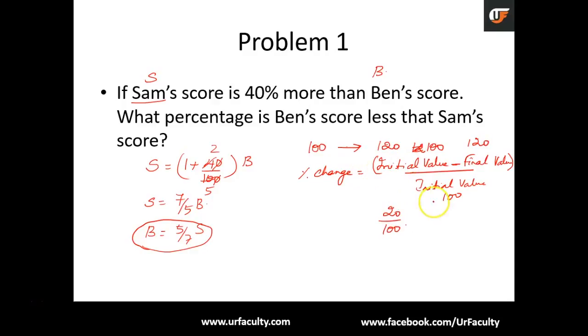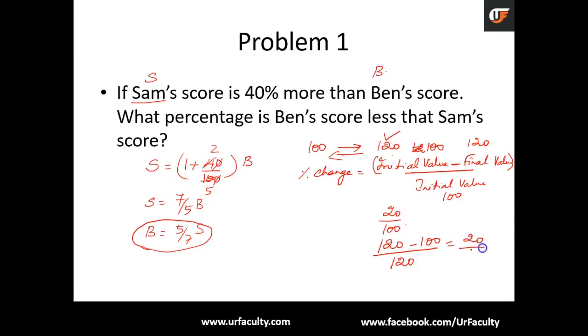Now if it is vice versa, if 120 became 100, how do you do that? You do 120 minus 100, the difference is still the same, but the base has changed. What was the initial value in this case? The initial value was 120 because 120 became 100. So what happened here?